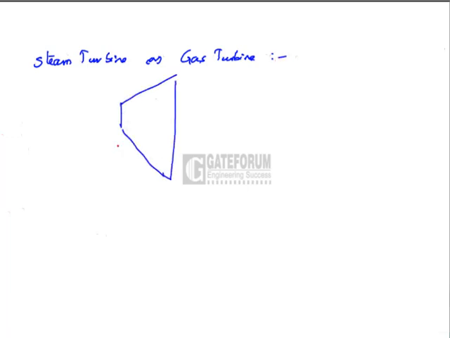Now considering the example of steam turbine or gas turbine, which are also steady flow open systems. A turbine is a prime mover producing work output.